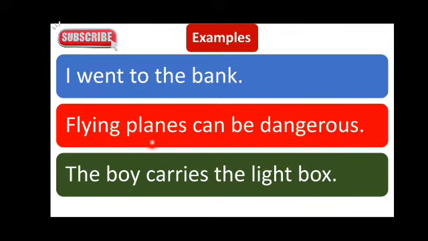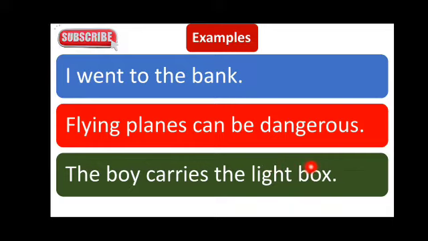The third example is the boy carries the light box. Now, light box is a lexical item, an example of lexical ambiguity. Light box can mean which is not heavy, the opposite of heavy is light.